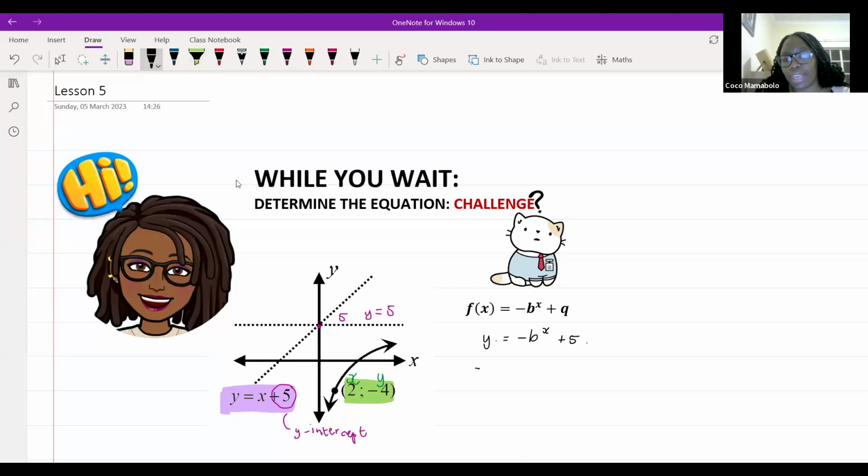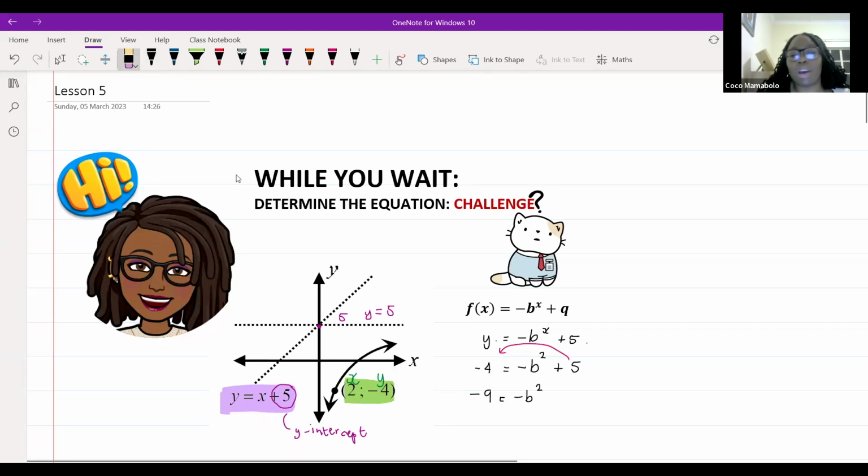So I'm going to have negative 4 is equal to negative b to the power of 2 plus 5. And now I'm solving for negative b squared. So I'm going to take positive 5 over to the other side, and that's going to give me negative 5. So minus 4 minus 5 will give us negative 9 is equal to negative b squared.